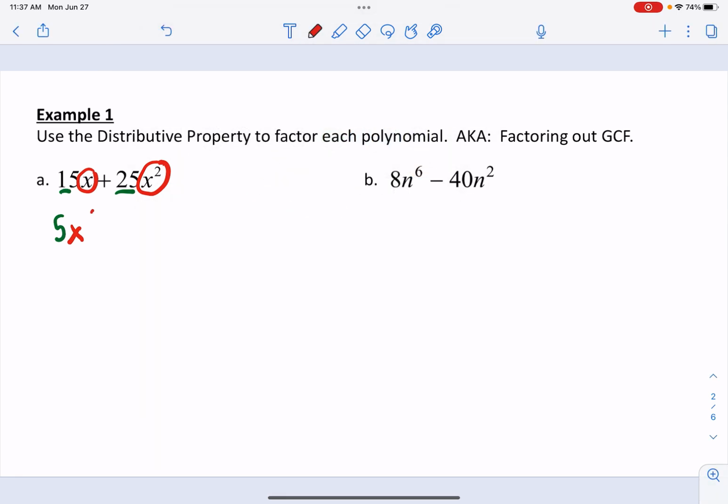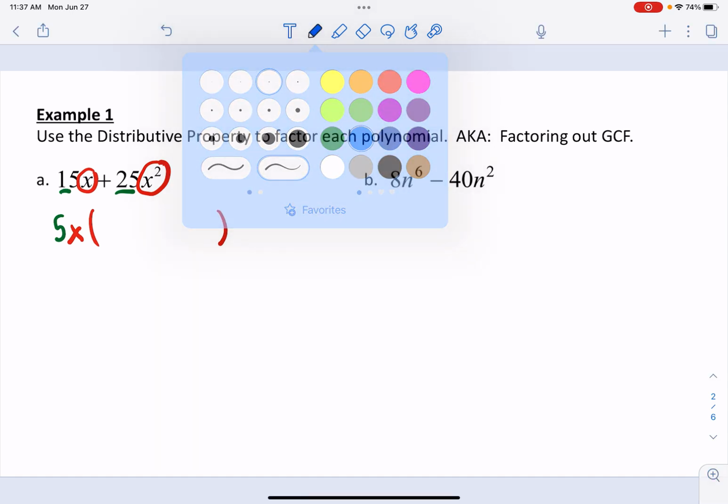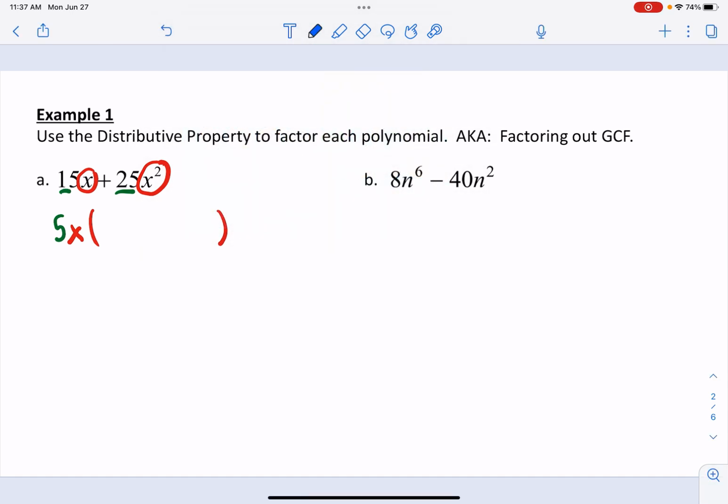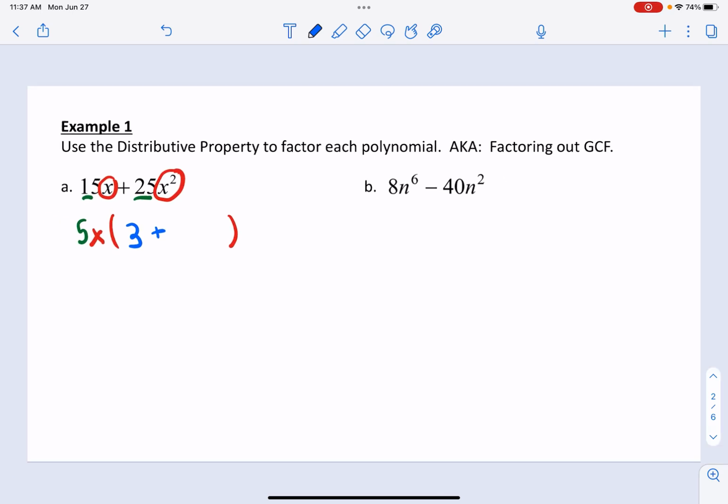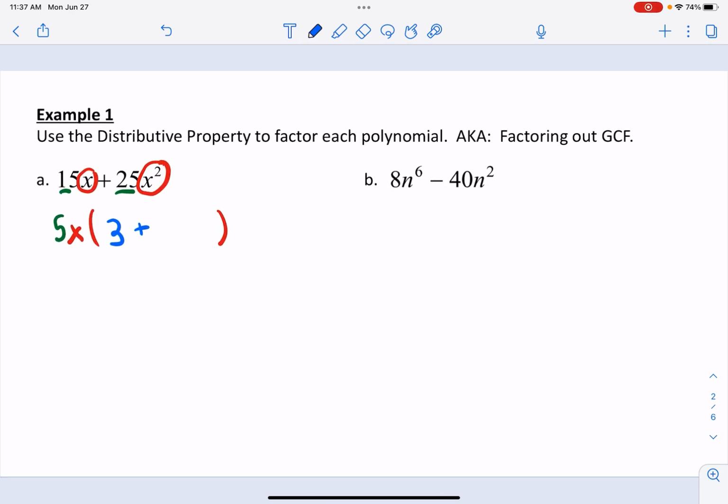So now you have to think, okay, what's left over? 5x times what is going to get me 15x? Well, that's 3. 5x times what is going to get me 25? Well, 5 times 5 is 25. 5x times x gets me an x squared.